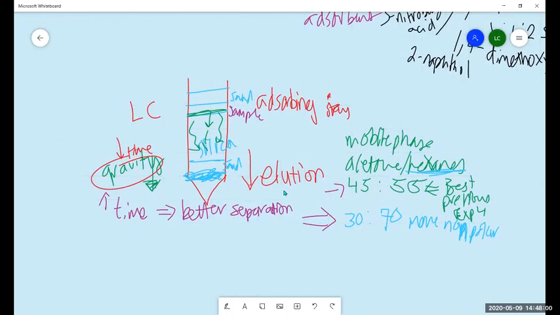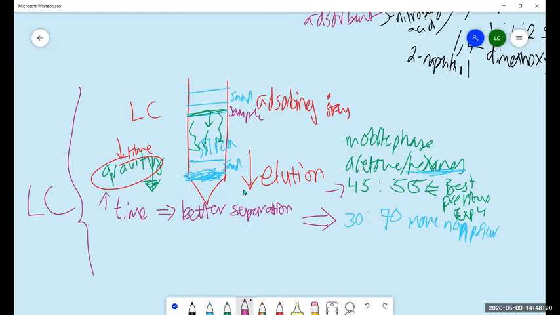Over time, you can also notice that another method of increasing time is, if you think about speed and time, let's assume the speed is the same, impacted by gravity and the mobile phase composition. But if you increase the column length, if it was longer, there's more time to separate. So that also gives you better separation.